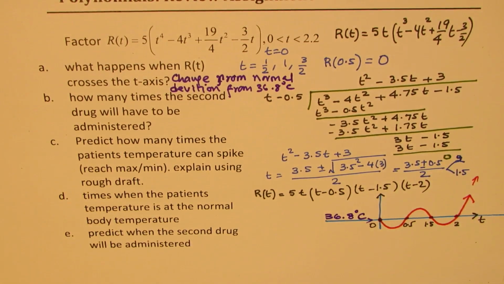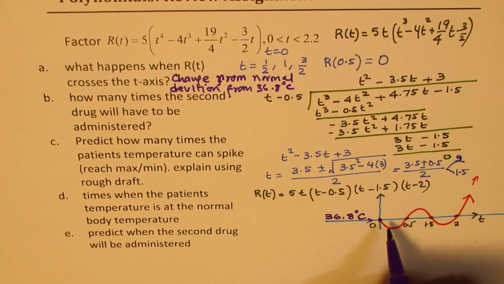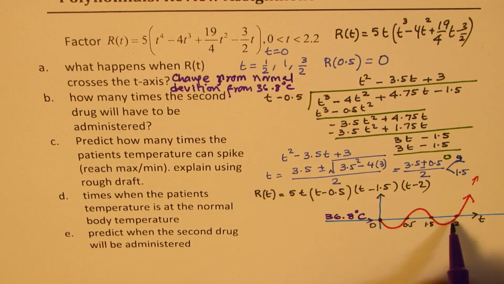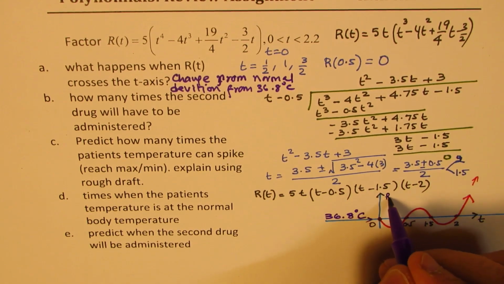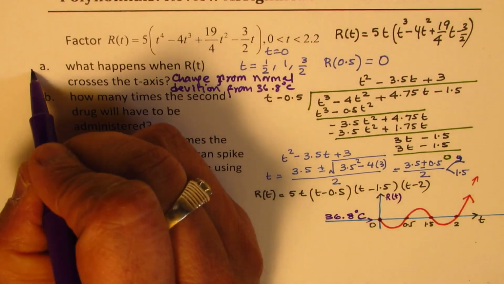So that is what it is trying to say. So at these points, when the drug is administered, the body temperature actually goes slightly below normal, right? And then it comes back to normal, and then shoots up, and then again tries to come back to normal. That's what it shows, right? Okay. Now, we have answered the first part.